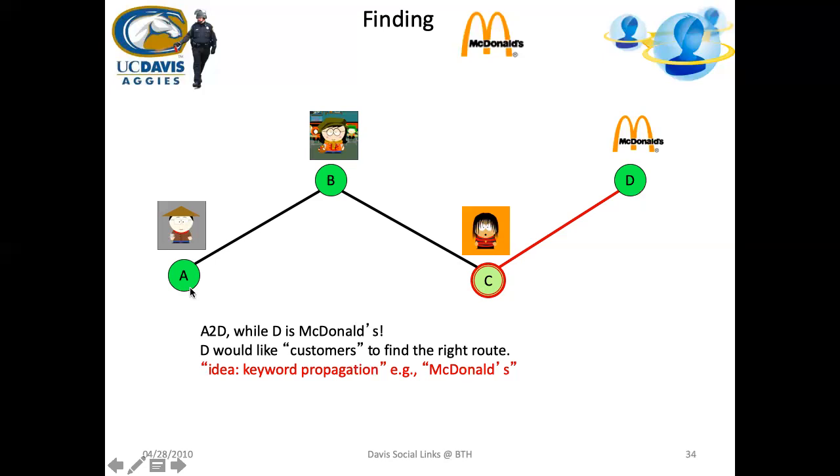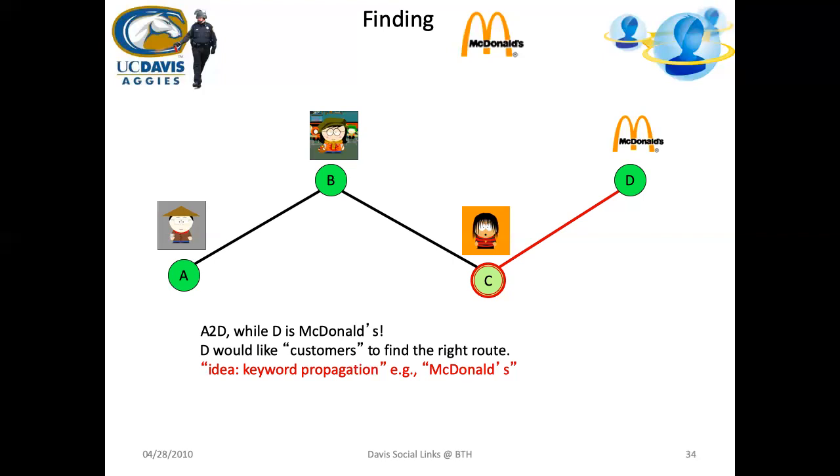Now you have a lot of keywords or patterns being propagated at you. You see a lot of keywords, and you say, okay, I'm interested in McDonald's. And I see, oh, here's a McDonald's from B. So I do reverse routing: go to B, say, hey, forward this request to whatever McDonald's you received, and they will reverse the path and connect to that McDonald's.